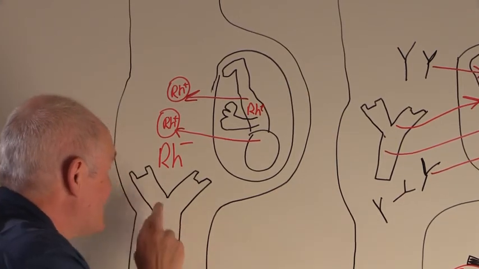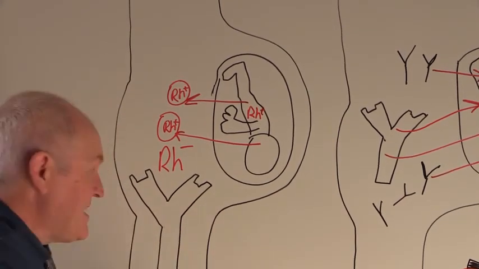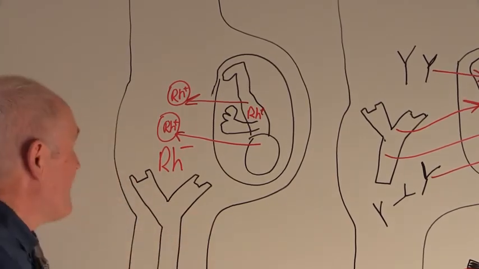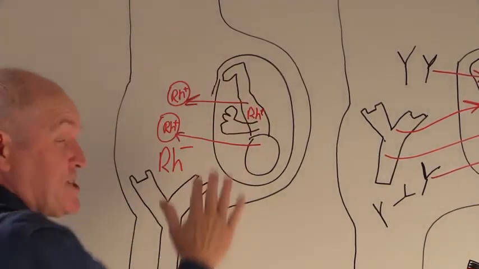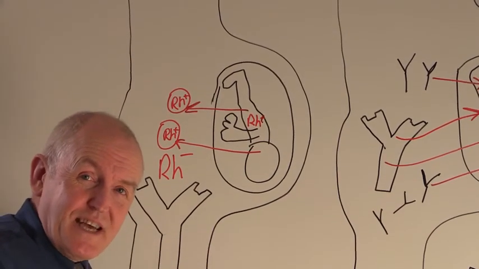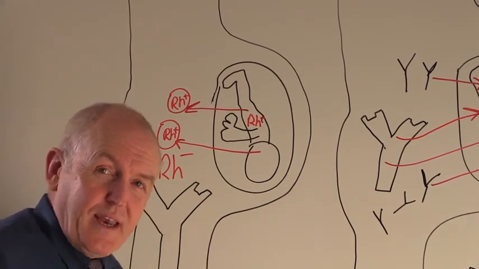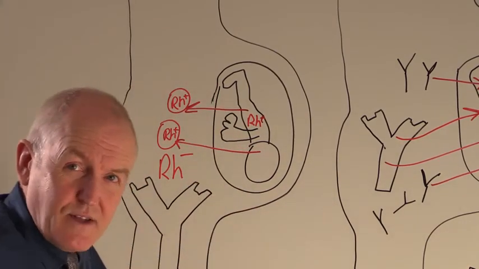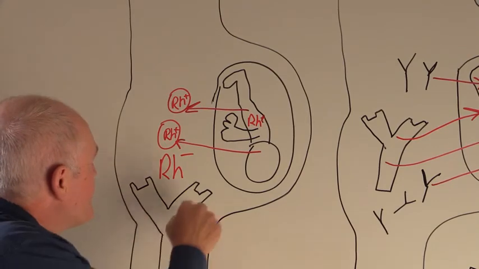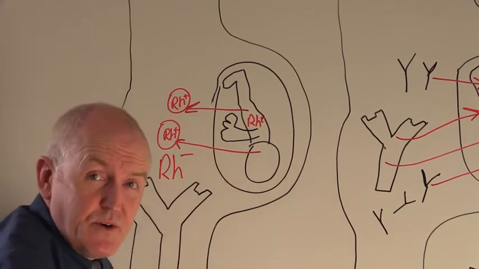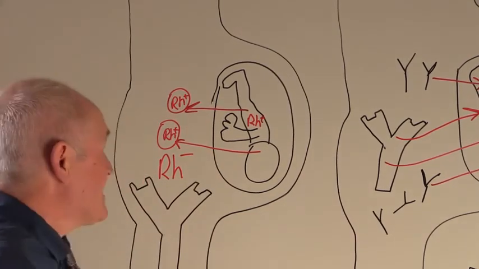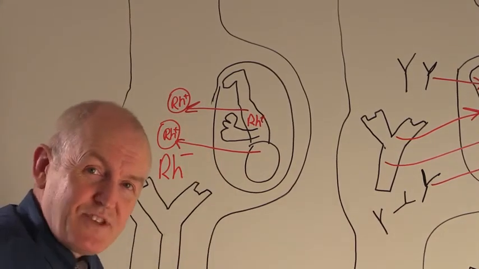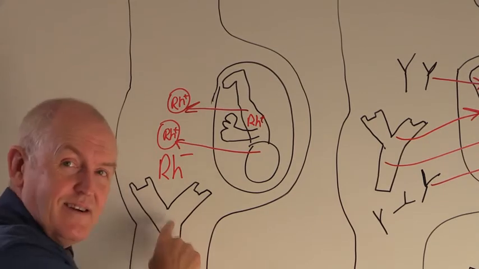So by giving the anti-D, we're giving these anti-rhesus or anti-D immunoglobulins. That's mopping up, a bit like a sponge, all of the fetal red cells, getting rid of them very quickly. Probably within hours it'll collect all of these fetal red cells and break them down. And that means that the time that the mother is exposed to the rhesus factor antigen is very short, and she will not have time to produce her own antibodies.